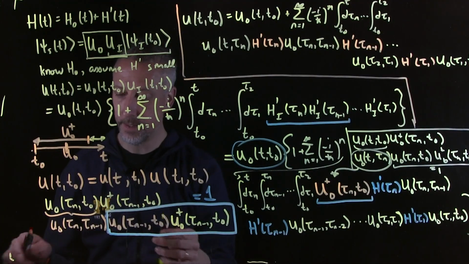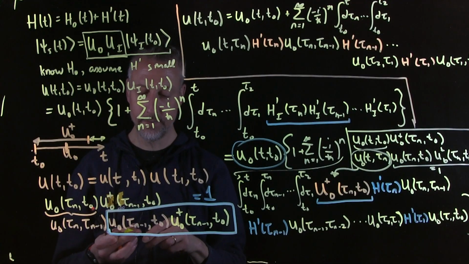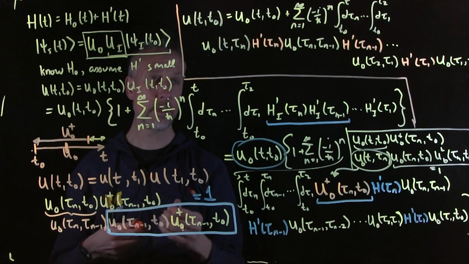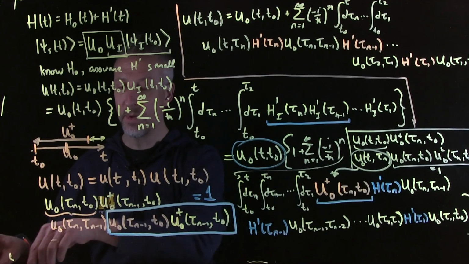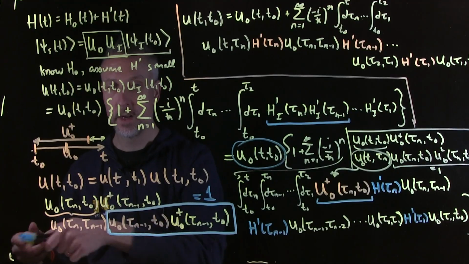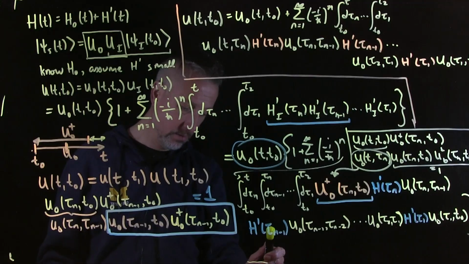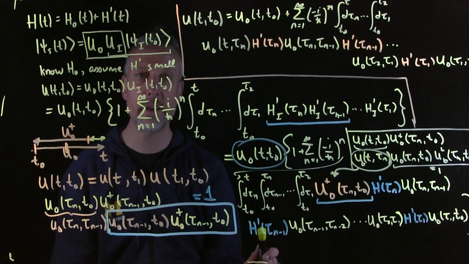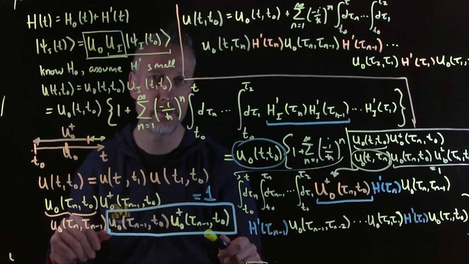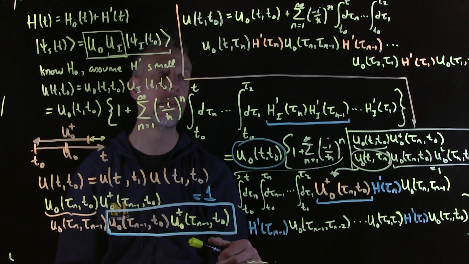All right, and that is literally an exact expression for the time evolution operator when you have a time-dependent Hamiltonian, whatever it is. The only stipulation is that we can separate the Hamiltonian into 2 pieces, which is very general and not something that you need to worry about.